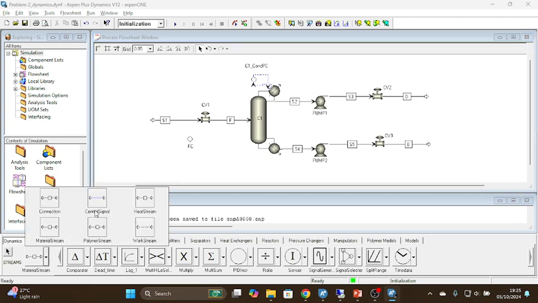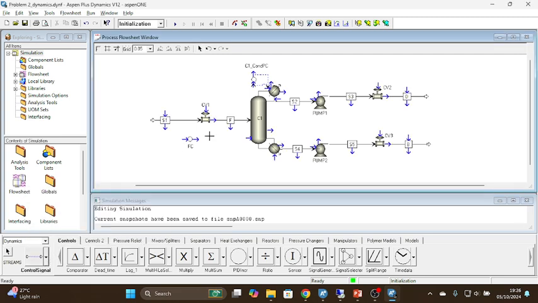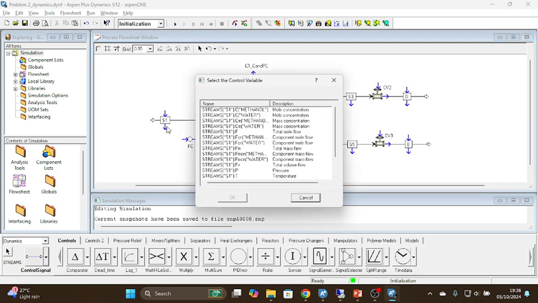Over here also we have streams. So this is a control signal. So once we come over here, you can see that these arrows are coming. So once we select this arrow, it is going to ask us what is the description that we want to control. So we want to control the total mass flow. So over here we are going to select this.